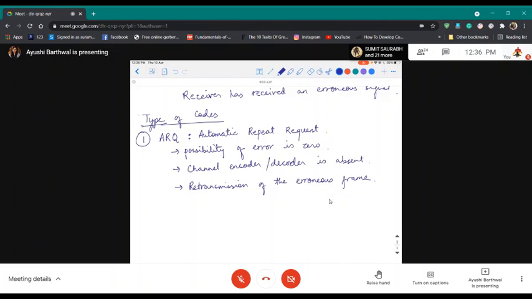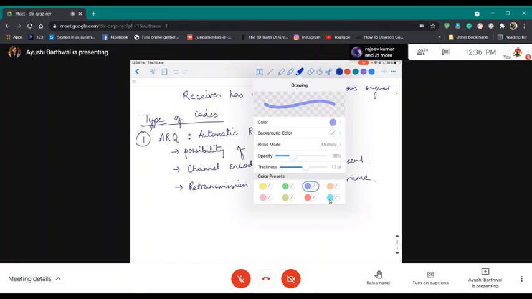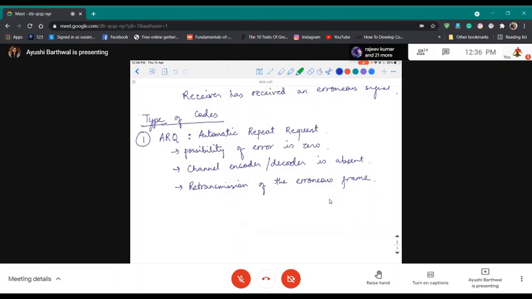Such codes are only possible when the possibility of error is almost zero. I should not mention it as zero, I should mention it is very small.